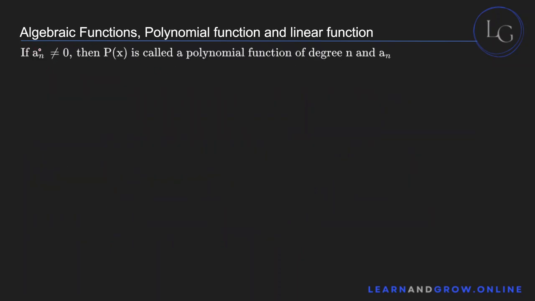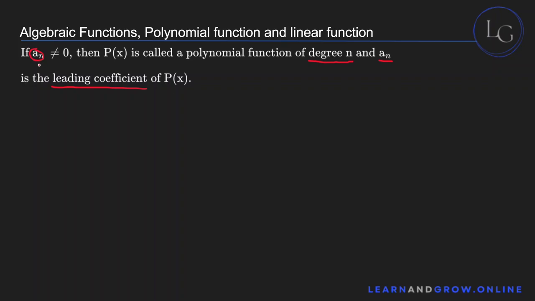If an is not equal to 0, which means an is the first term, basically, in a polynomial function, the first coefficient, it is a polynomial function of the degree n, and an is the leading coefficient.